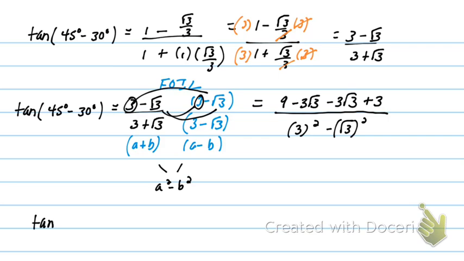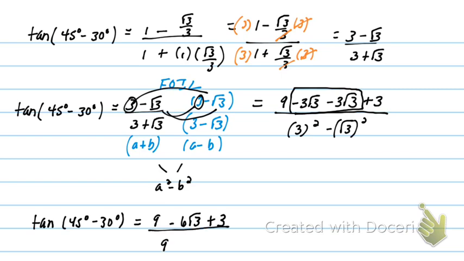And so these two right here that I just boxed in, I can combine those. It's just like taking negative 3x minus 3x becomes what? Negative 6x. Same thing, they're both square roots of 3. So minus 3 becomes minus 6 square root of 3 plus 3. And then down here you've got 9 minus 3. See if that looks okay.